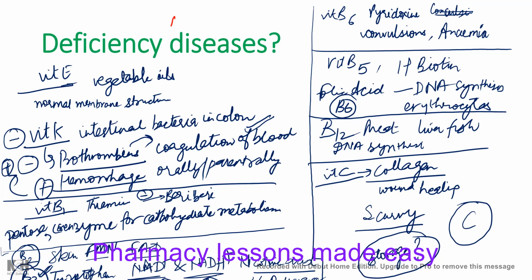Okay, and these coenzymes are helpful in various types of reactions, like thiamine pyrophosphate, which is the coenzyme of vitamin thiamine. It is involved in the decarboxylation of alpha keto acids. Then your FAD and FMN, right? Flavin mononucleotide and flavin adenine dinucleotide, which are obtained from riboflavin, are involved in the redox reactions, that is oxidation reduction reactions.